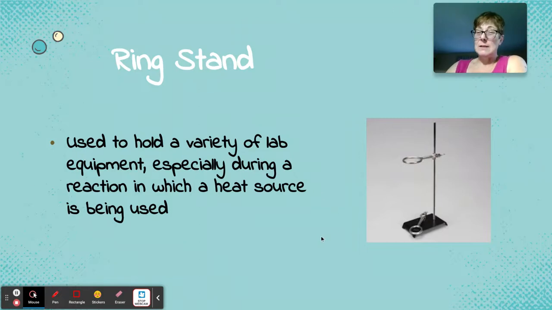That's kind of how they're used. This is used to hold a variety of lab equipment, especially during a reaction in which a heat source is being used. So you're going to use this a lot in high school chemistry. Okay, so I want to make sure I expose you and I demonstrate that for you.